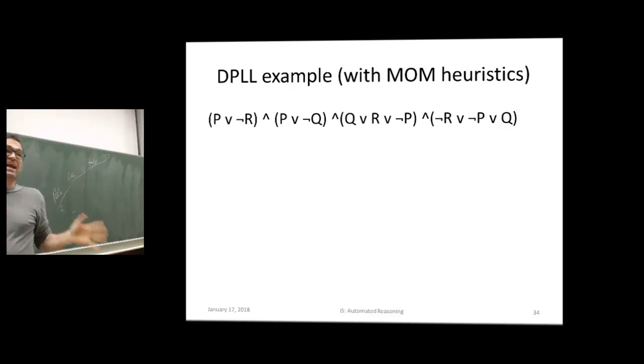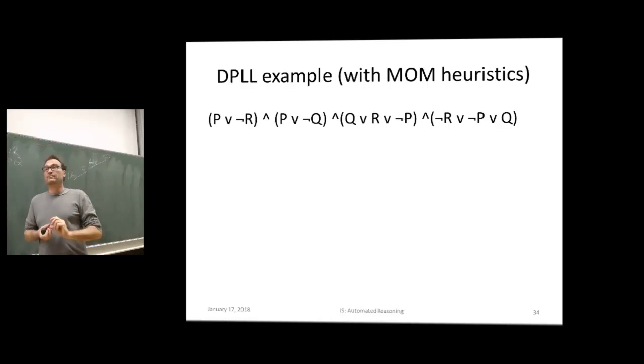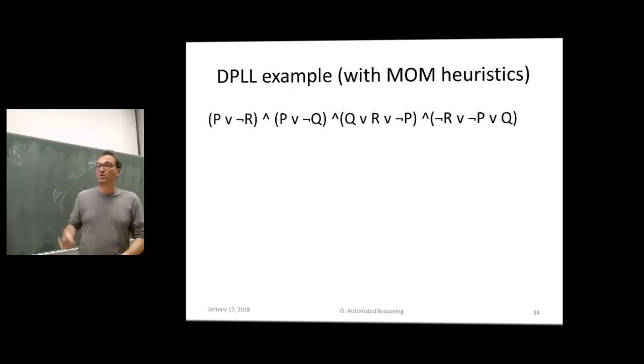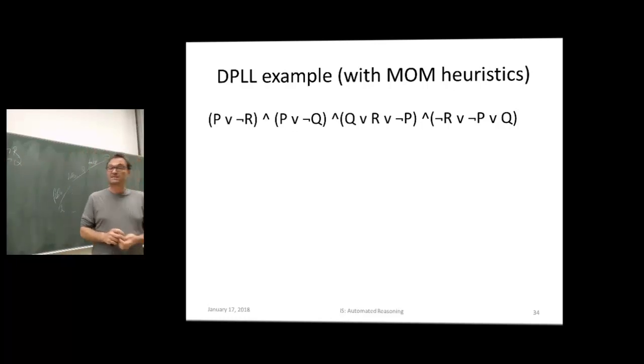It doesn't say that it gives you all the models. Of course, if you don't stop once you found a model, it will eventually give you all the models. But it doesn't say that this is the most efficient algorithm for it. This algorithm is really geared to find one solution as quickly as possible.